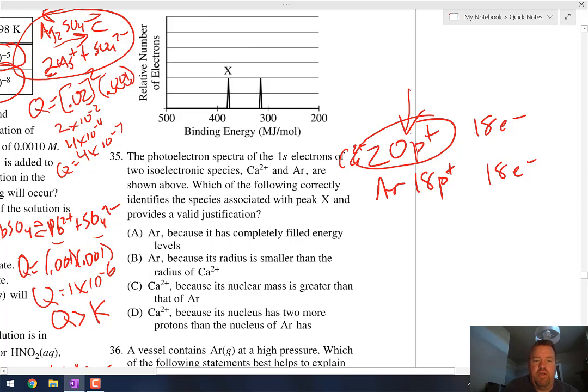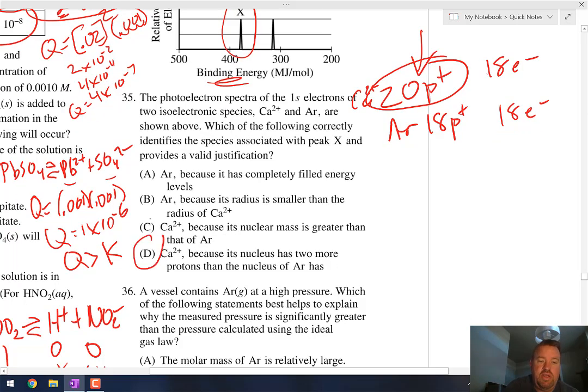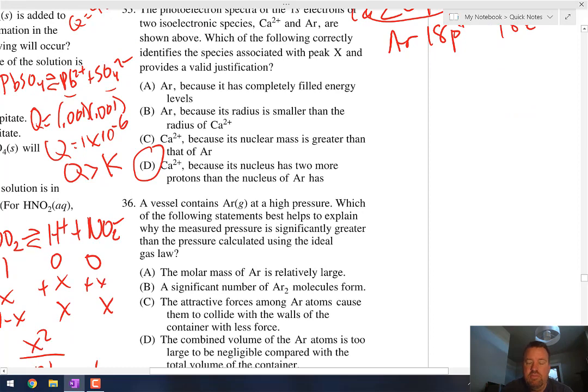So which of the following correctly identifies the species associated with peak X and provides a valid justification? So peak X is farther to the left. It has a greater binding energy than the one on the right. And therefore that would be calcium because, again, it has more protons than argon does. So the correct answer there is D.